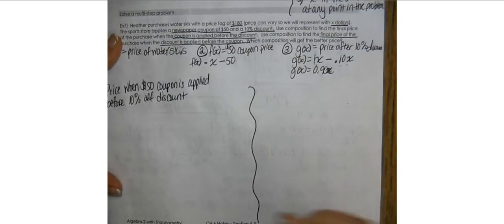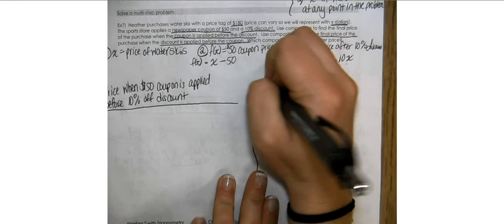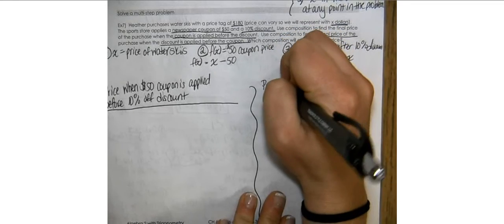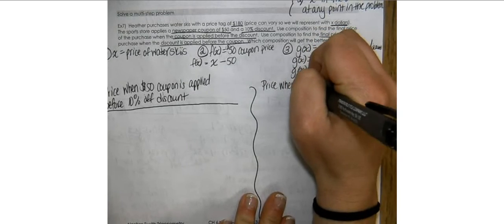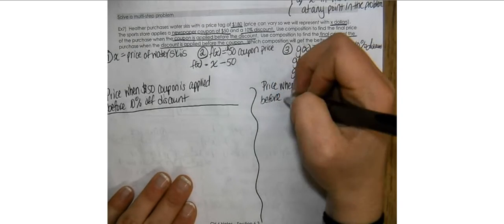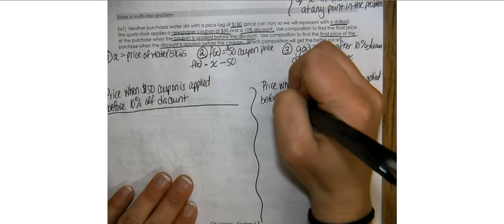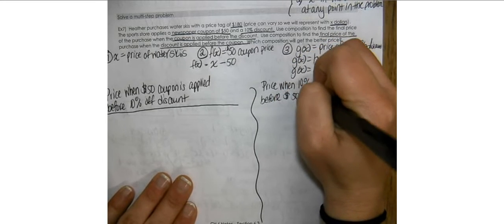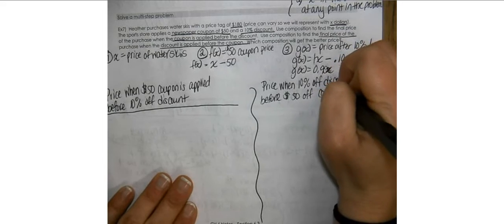That's going to be on this side. And on the other side, we're going to have the price when the 10% off discount is applied before the $50 off coupon. And that's going to be on the other side.